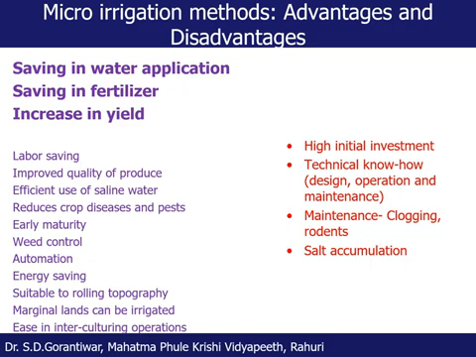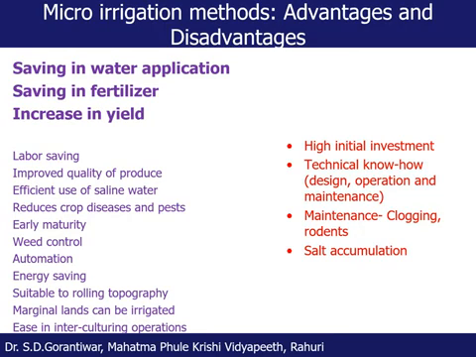And of course, there is ease in interculturing operations. When we adopt the drip irrigation method, we also modify the geometry of the plantation in such a way that various interculturing operations and the movement of tractors and machinery can be done with ease. Okay, so these are the different advantages associated with micro irrigation methods actually.